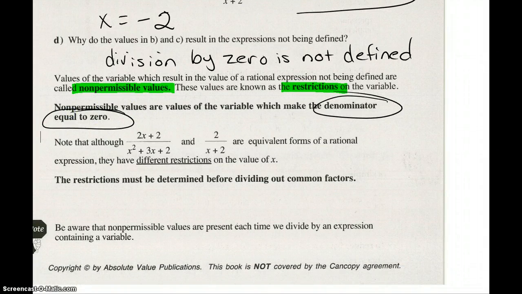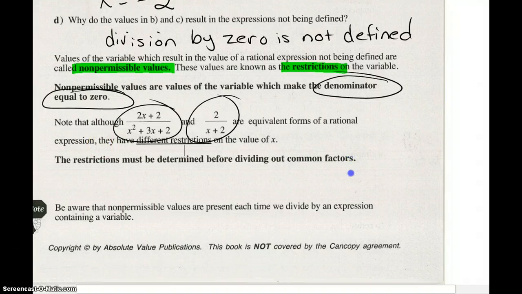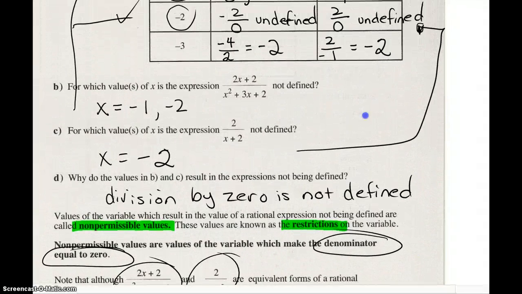So why do we need to know that? Well, we need to figure out what things will not work and what values will work in our x. Note that although these are equivalent rational expressions like we did on the page before, they do have different restrictions, as evidenced by up here on the top.